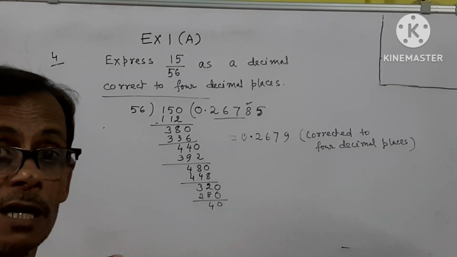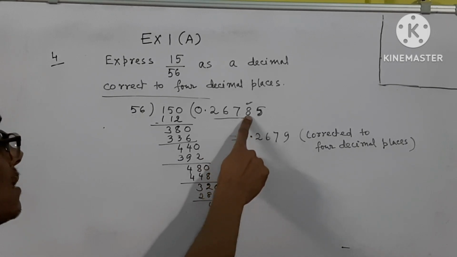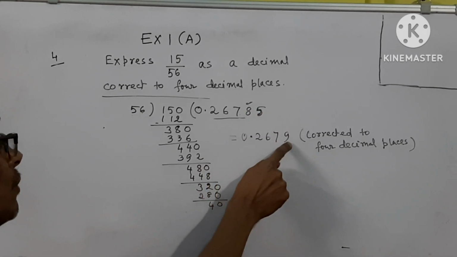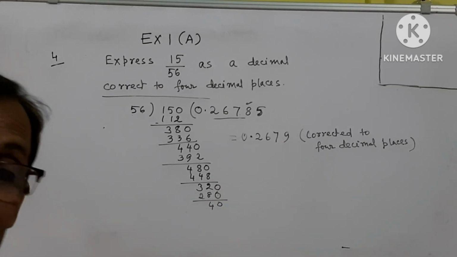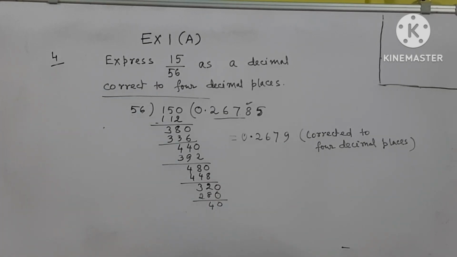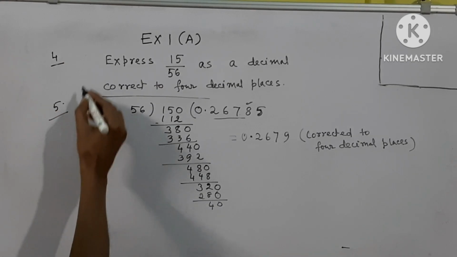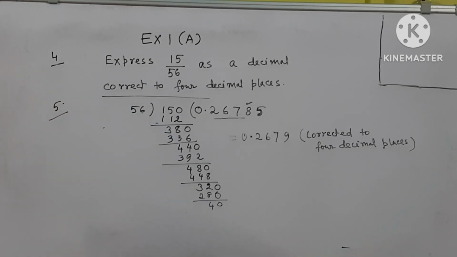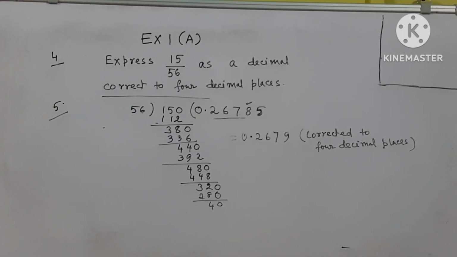Fifth place is 5 or more than 5, so you have to increase the fourth place by 1, and this is the answer, 0.2679. Hope you understood the fourth. The fifth one is the same as the fourth, so you can do it yourself.